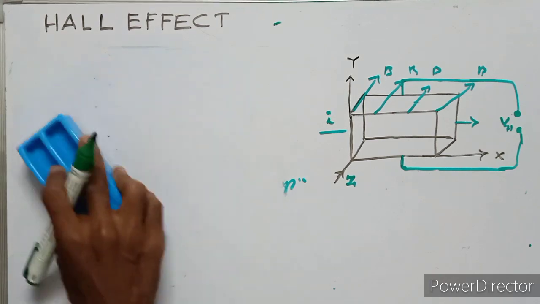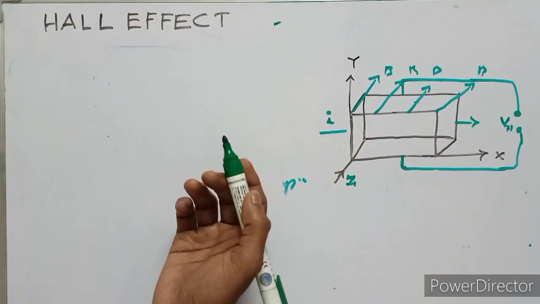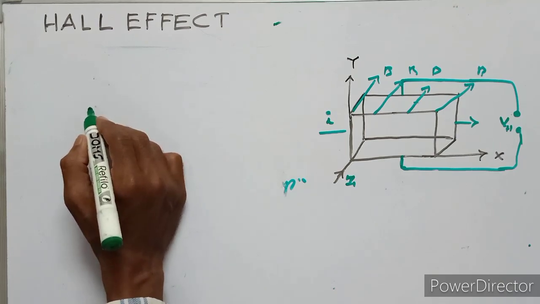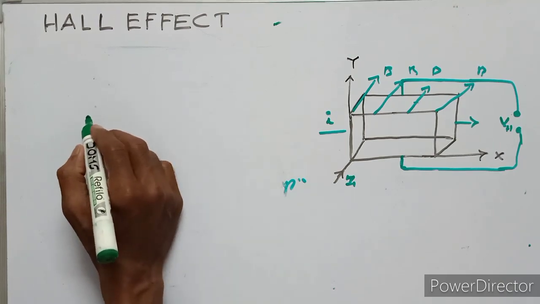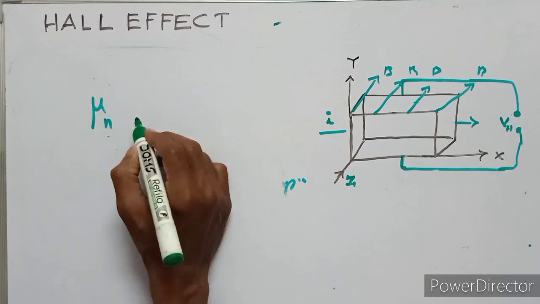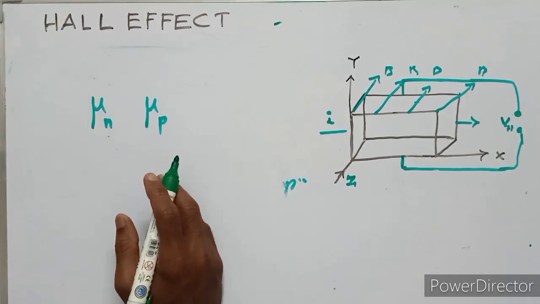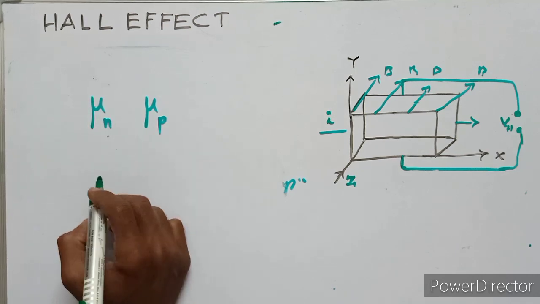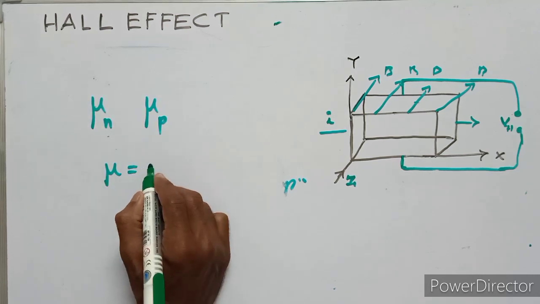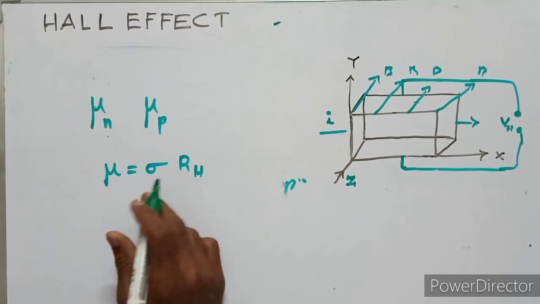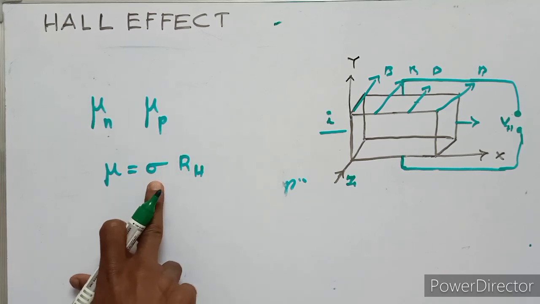Next application is to determine the mobility. The mobility expression for electrons is mu_n, and for holes is mu_p. The expression in terms of the Hall coefficient is given by mu is equal to sigma times R_H, where sigma is the conductivity.